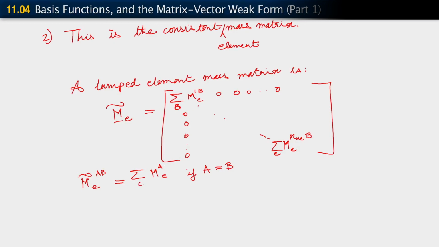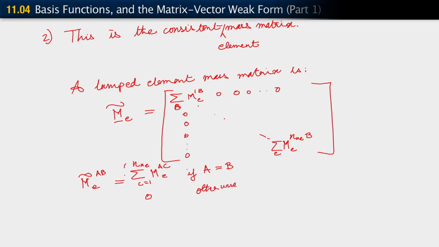I need to have a new index for the sum. So if A equals B, which makes it a diagonal element, then you sum up the elements in that row and put that sum on the diagonal, and it is equal to 0 otherwise.